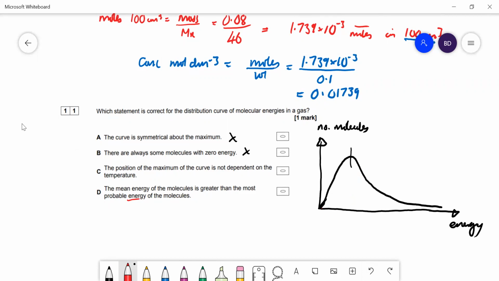Now that is true because this is asymmetric. That's the most probable, but you can see it's kind of heavy to the right, this curve, isn't it? So the mean is going to be slightly to the right of that, somewhere like that. Okay, so that is the answer. And it's all down to the fact that the curve is asymmetric. It's skewed to the right.